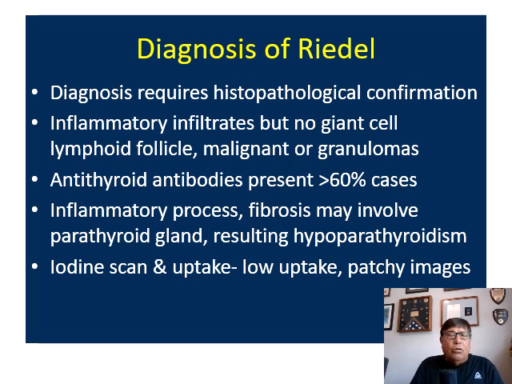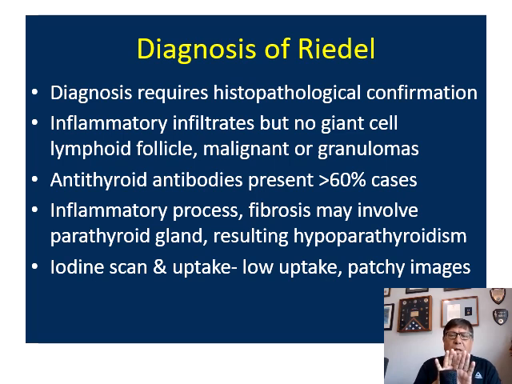In order to make the diagnosis, one needs to have histopathological confirmation, and the inflammatory infiltrates should not have any giant cells. If you have giant cells, that goes toward the diagnosis of de Quervain's, and there should be no lymphoid follicles, as one could see in Hashimoto's, and no suggestion of any malignant process or granuloma.